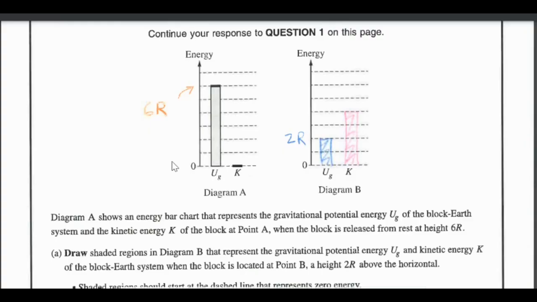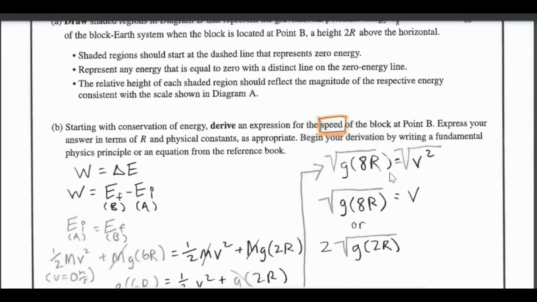Now at point B, we were at a height of 2r, so I would go 2 dashed lines up to represent a height of 2r. And then because of the conservation of energy, I want to make sure I have basically 6 little blocks of energy total, which means that I go up 4 blocks for my kinetic energy to make sure the energy is conserved overall.